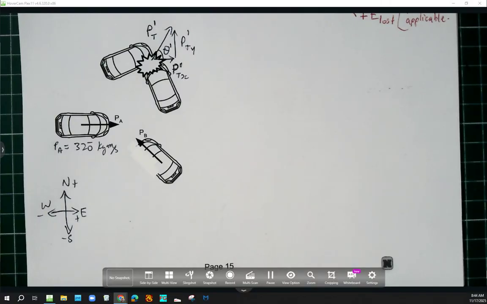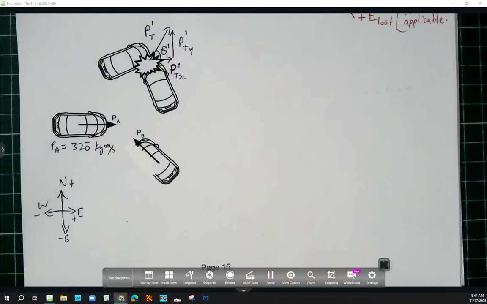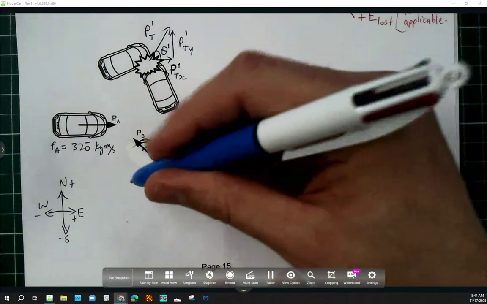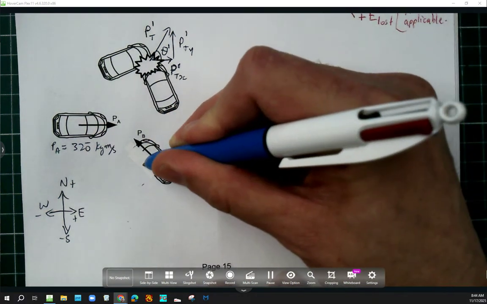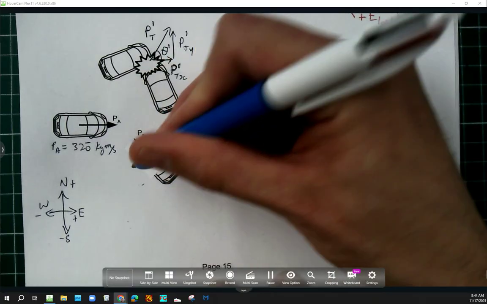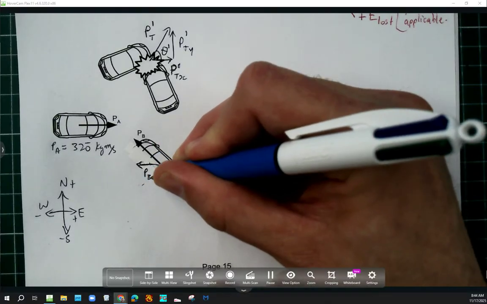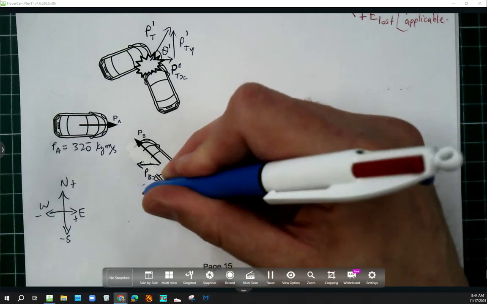Now, I don't actually know off the top of my head what PB was, but I'd like to claim that I was able to do a little bit of backwards calculations and figure out that PBX had a value of 200 kilogram meters per second west.